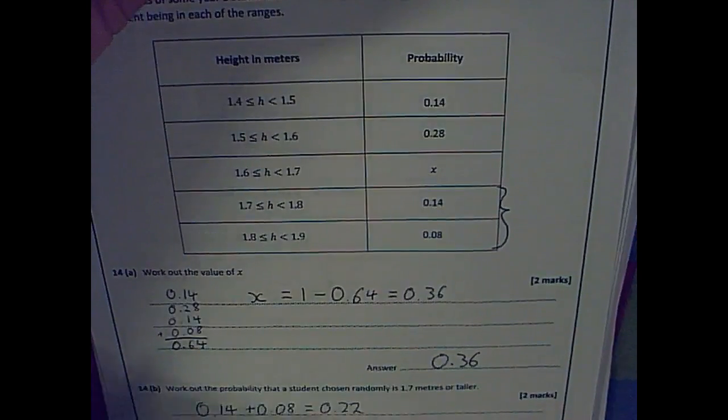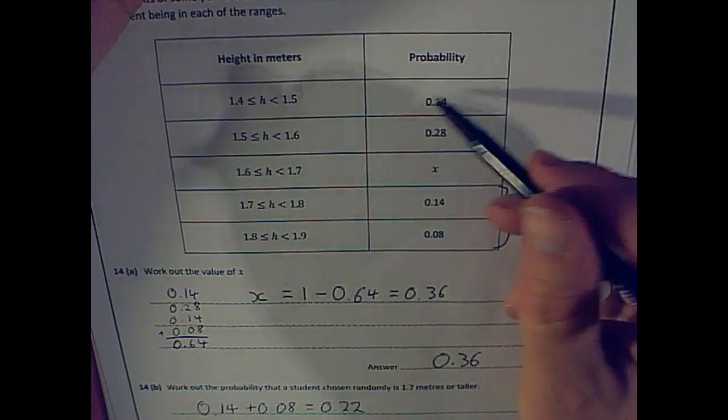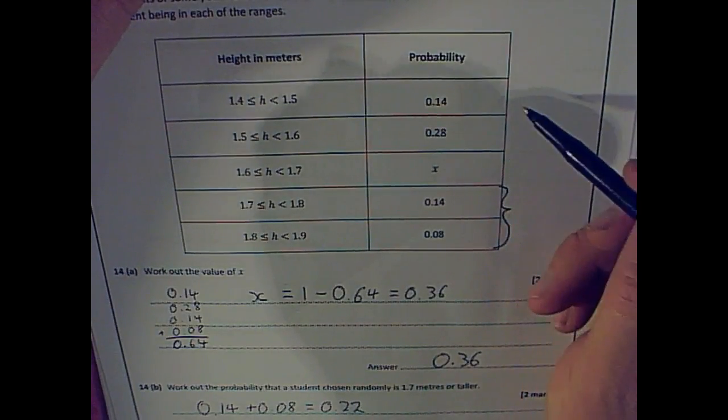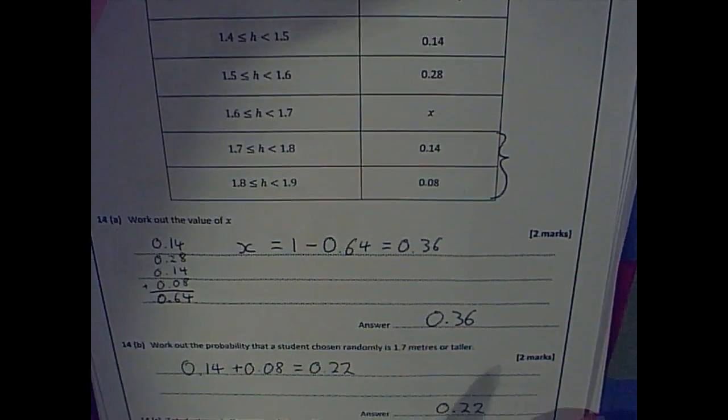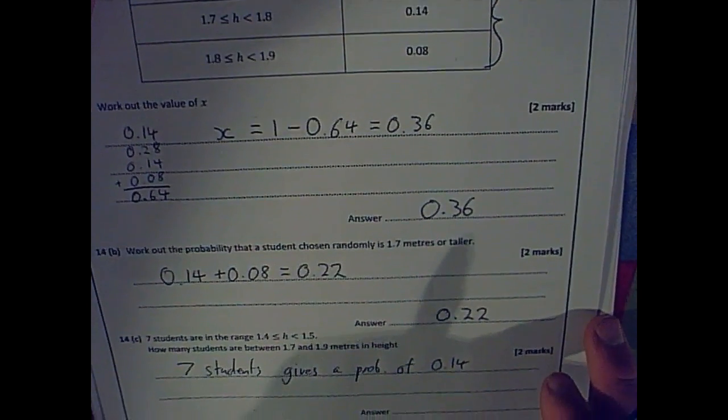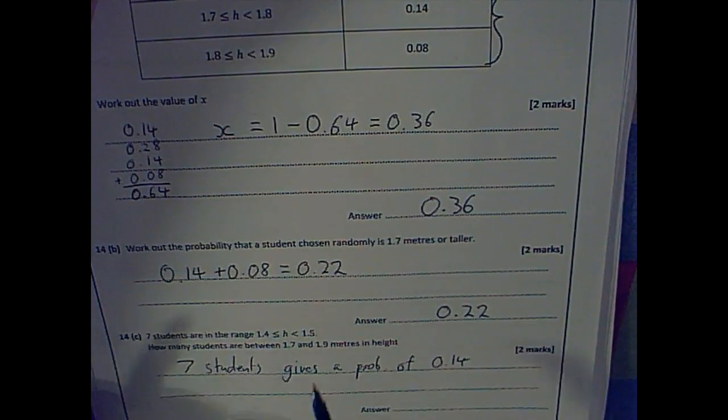Okay, I see I've got the 0.14 probability here, and that's 7 students. So how many students are between 1.7 and 1.9?